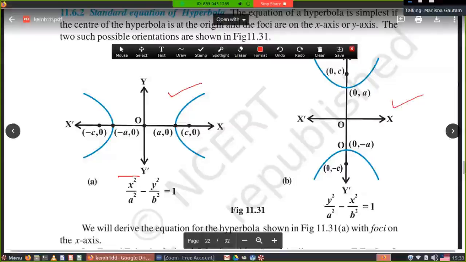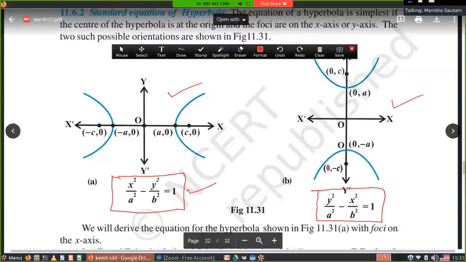When you apply the condition that the difference is constant, you will get an equation: x square upon a square minus y square upon b square is equal to 1. This is the equation of a horizontal hyperbola. And the second equation, y square upon a square minus x square upon b square is equal to 1, is when the hyperbola is a vertical hyperbola.